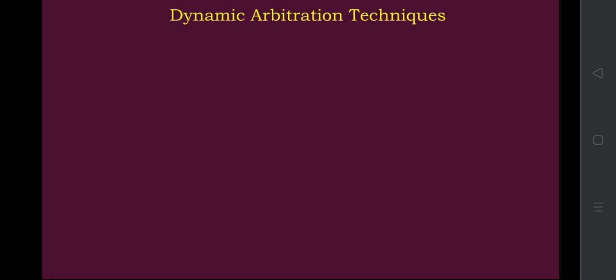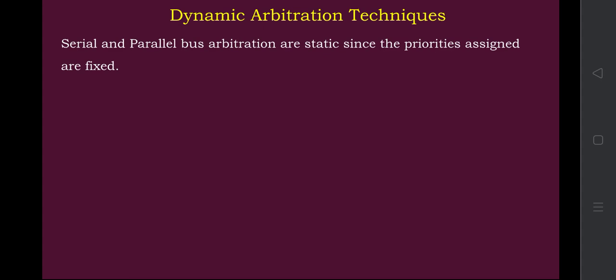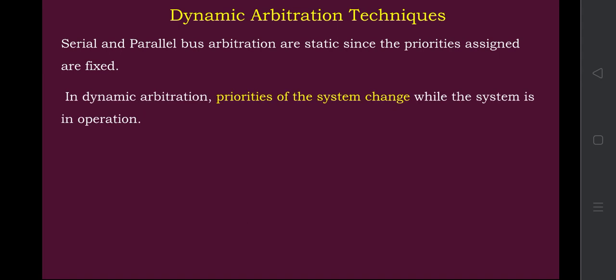Now let us see about the dynamic algorithms. What is the dynamic algorithm? The serial and the parallel bus arbitration are static, since the priorities are assigned or fixed. That means there is some procedure or logic to decide which device will get the control of the bus. So that is static, which is fixed in advance. But in the case of dynamic, that is not the case.